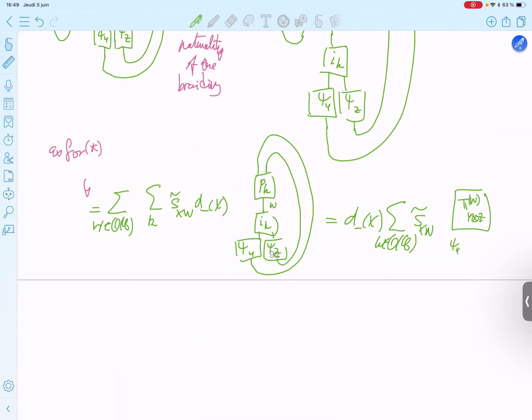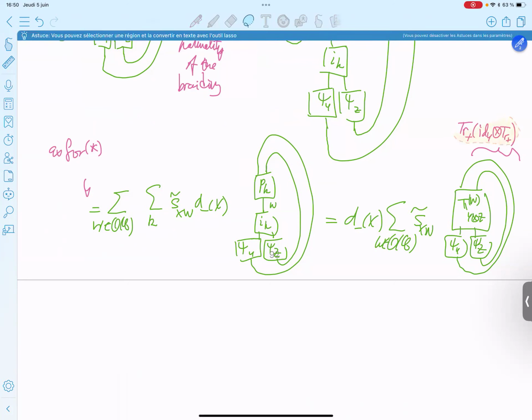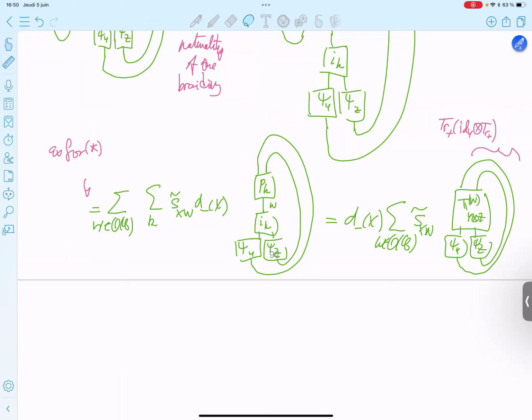Y, phi z. Okay, and then okay, so this piece is exactly trace plus identity y tensor trace plus of the big idempotent, by y tensors.